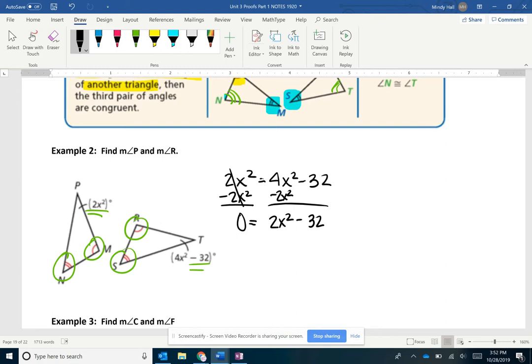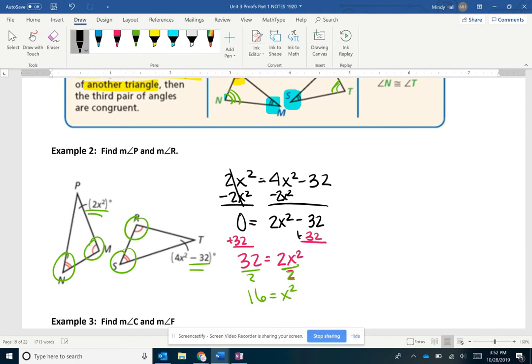With this, I'm going to add the 32, which gives me 32 equals 2x squared. Then I can divide by 2, and that gives me 16 equals x squared.